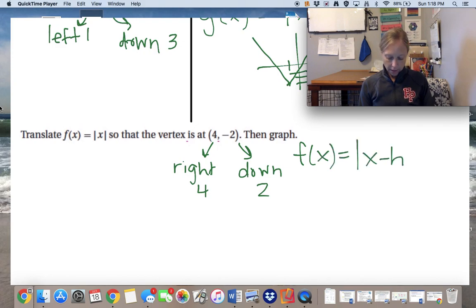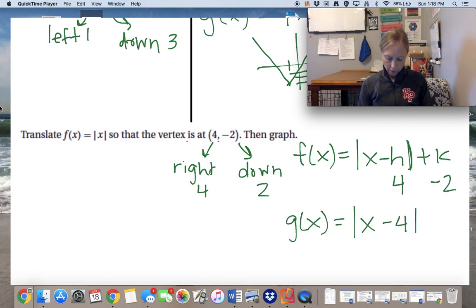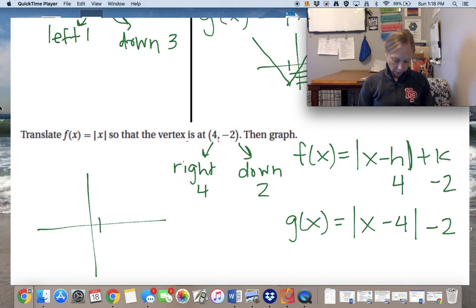X minus h plus k. 4 is our horizontal shift. -2 is our vertical shift. Our g of x is equal to absolute value of x minus 4 minus 2. And what our graph should look like is it should go right 4, down 2, and have its vertex right there instead of at 0, 0.